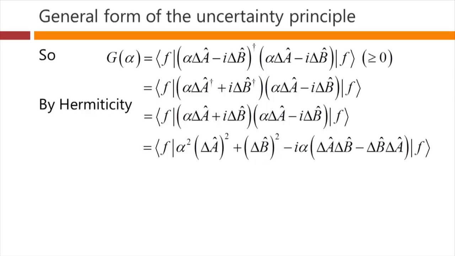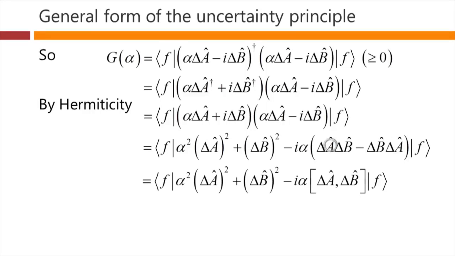And then we have two other terms here. We have I delta B times alpha delta A. So that's this term here. We've got our minus signs here to straighten all that out. And we have alpha delta A times minus I delta B. That's this term here.